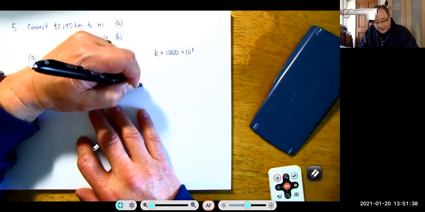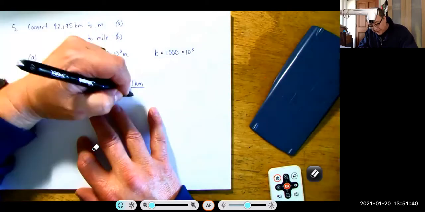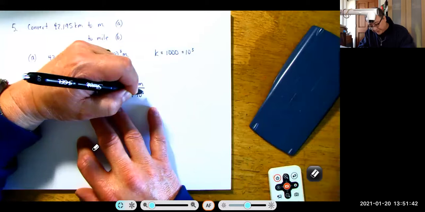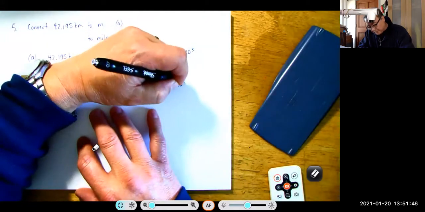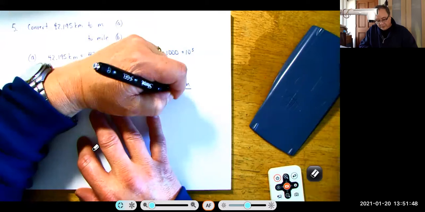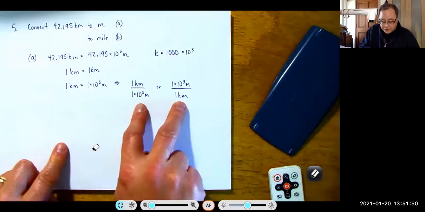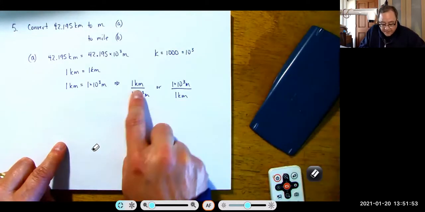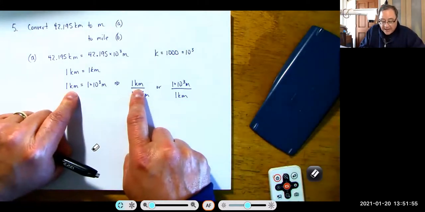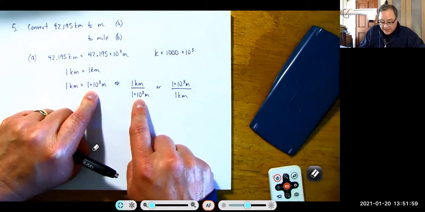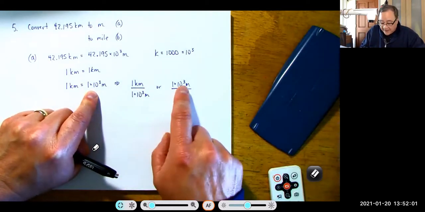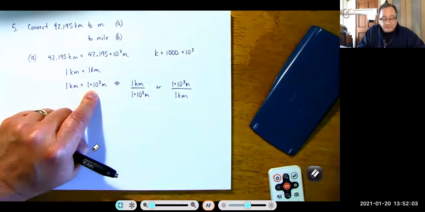A conversion factor is a ratio of numbers and values. So these are the 2 conversion factors. In the first one, I have kilometer on top, and I have 1 times 10 to the third on the bottom. In the second one, I have 1 times 10 to the third on top, and I have kilometer on the bottom.